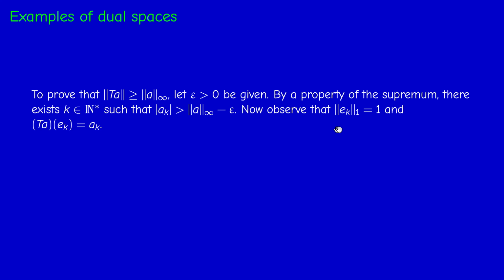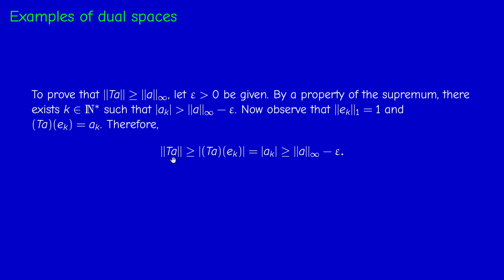Now, as you observe, the norm 1 of e_k, this sequence of vectors, is 1. And if you evaluate T_A at e_k, this is just the dot product, the sum of a_n e_k,n. So if you go back to the definition, all terms of the series vanish except one, which is just a_k times 1. So it's easy to see that T_A of e_k is just a_k. And e_k is in the unit sphere.